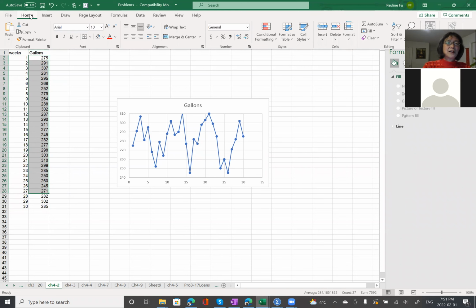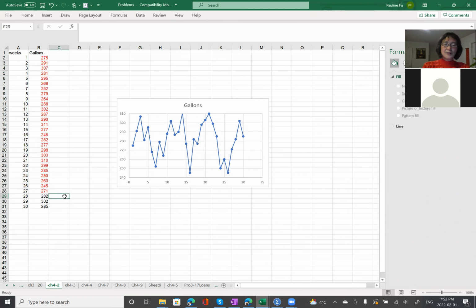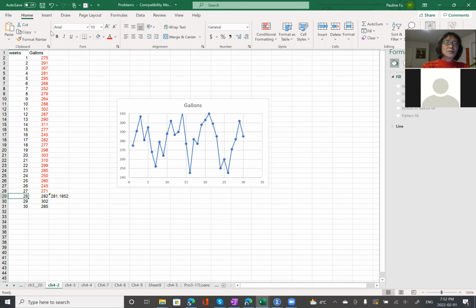The result is used to forecast week 29. I put the average here: equal average, of week 1 to week 28. So the week 29 forecast is 281.